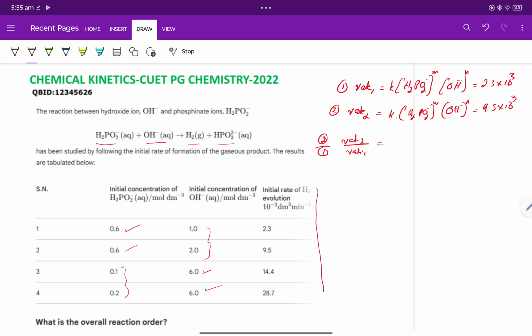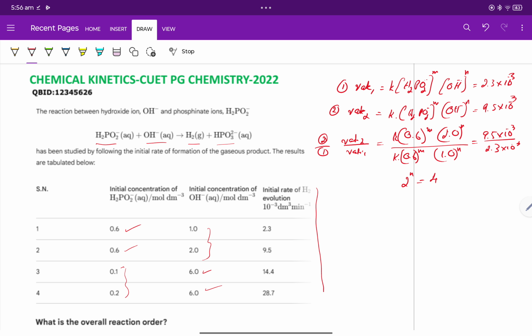This will be equal to K into the concentration of H2PO2 minus, which they have kept at 0.6, so 0.6 to the power of m, and here it is 2 to the power of n, divided by K into 0.6 to the power of m, and this is 1.0 to the power of n, equal to 9.5 into 10 to the power of minus 3 divided by 2.3 into 10 to the power of minus 3. So this cancels, and this will be 2 to the power of n. 9.5 by 2.3 is approximately 4, since 2.3 into 4 is about 9.2.